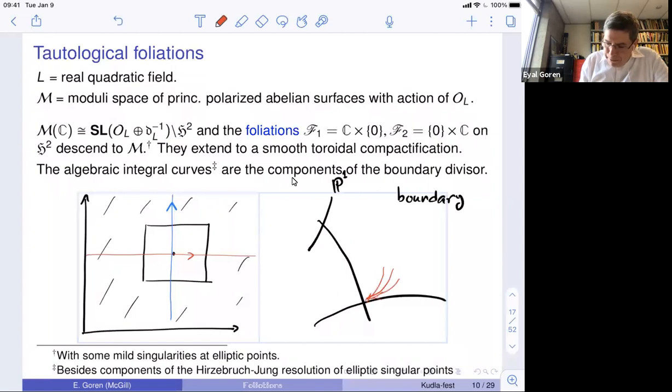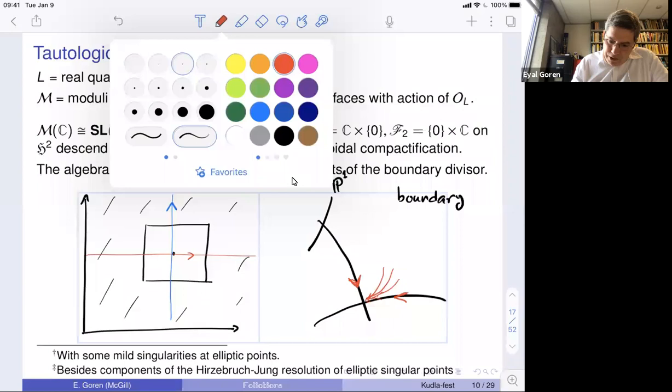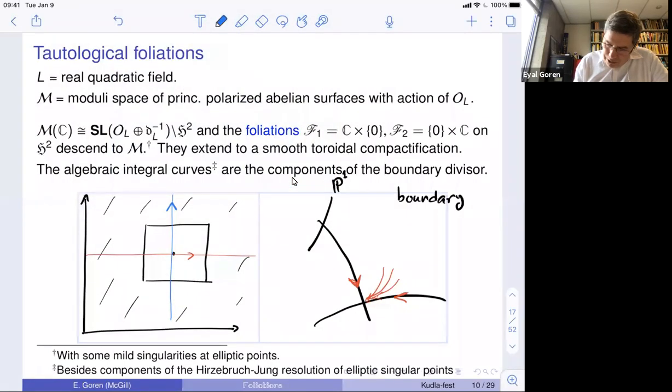In fact, all components are integral subvarieties for those foliations, no matter which of the foliations you took. It's an interesting phenomenon that the components of the boundary manage to be integral for both foliations. And those foliations are actually singular at that point, namely they are no longer locally free of rank 1. Okay, so this is the type of picture that we get here for those foliations.